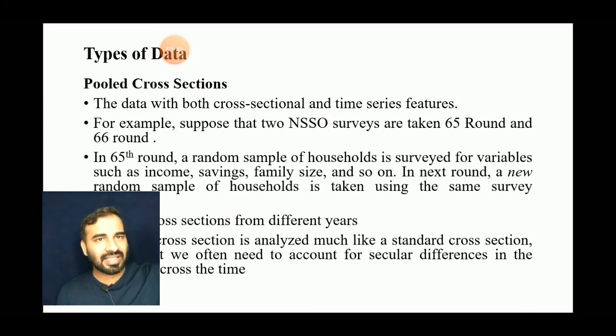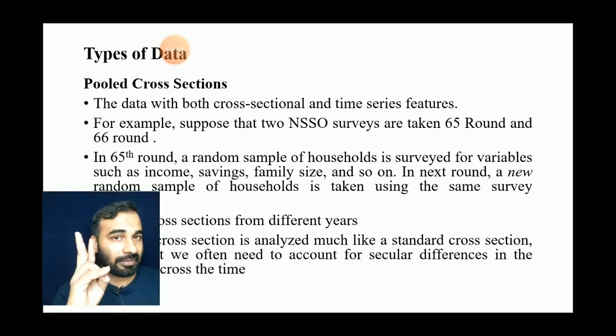Suppose in the 65th round they collected data from me, but in the 66th they may not collect data from me. They will have other samples. Even though the questions, survey methods and questionnaire are the same, they collect the data in different periods from different cross sections.